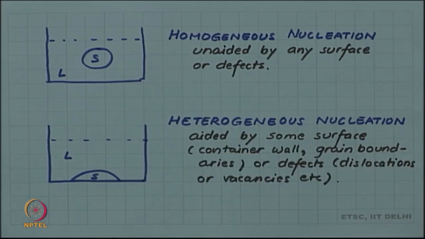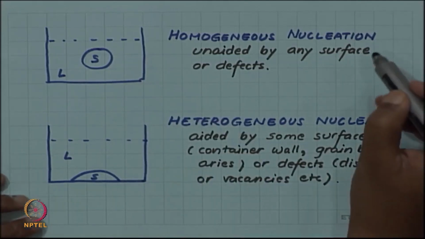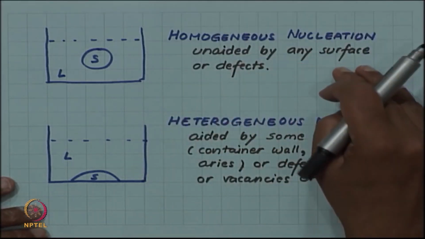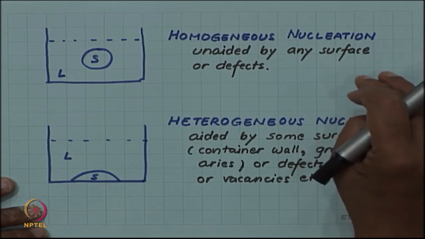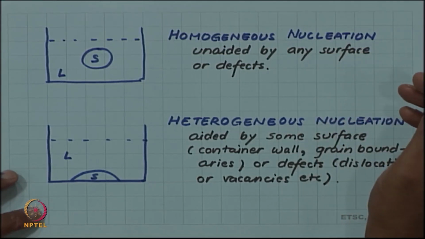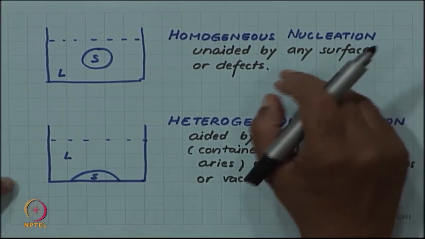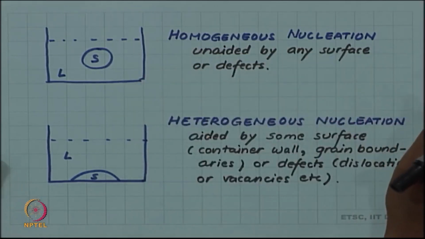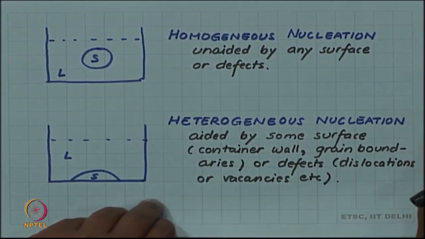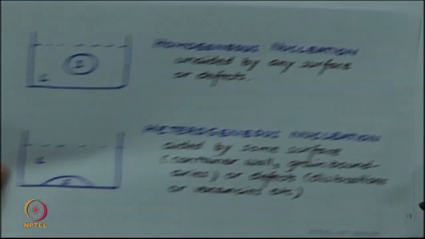So, homogeneous nucleation is a nice simple situation, easy to analyze mathematically, and in a study in laboratory situations can be created such that we have homogeneous nucleation, but most practical nucleation situations are heterogeneous nucleation.